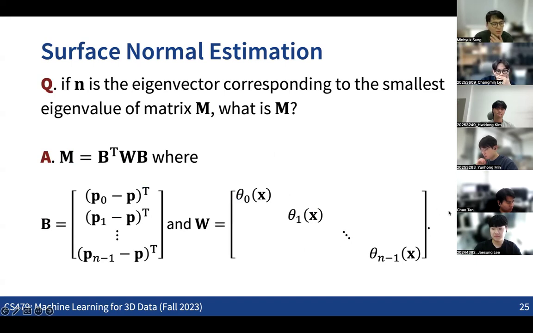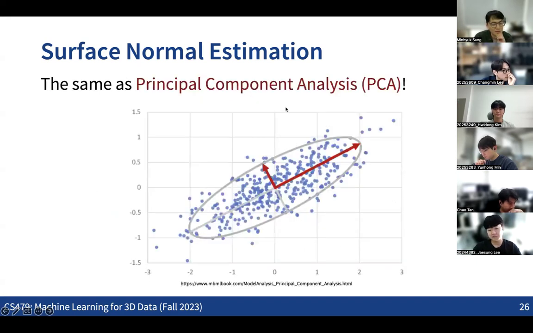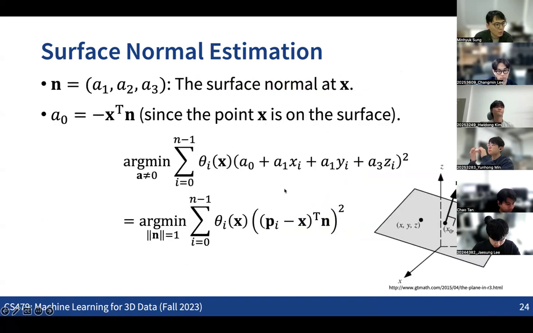And you can see that the basic idea is exactly the same as principal component analysis. If you took any machine learning or AI course, you would know the basic idea of PCA, right? The only difference is that instead of taking the center of the point cloud, we are doing the same thing for the given query point X here.